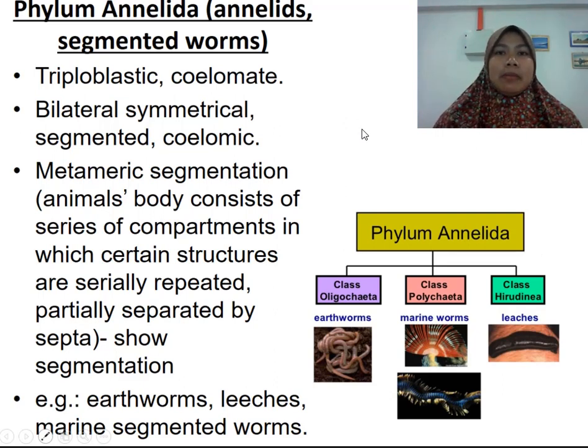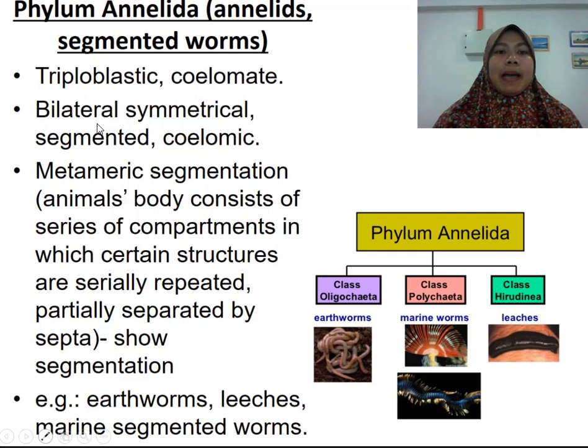Most of them live in marine environments, some live in fresh water and some live in damp soil. These annelids are triploblastic, having three layers of tissue, and they have a true body cavity, coelomate. They are also invertebrates, meaning they are similar to Mollusca, they do not have the backbone or vertebrae.